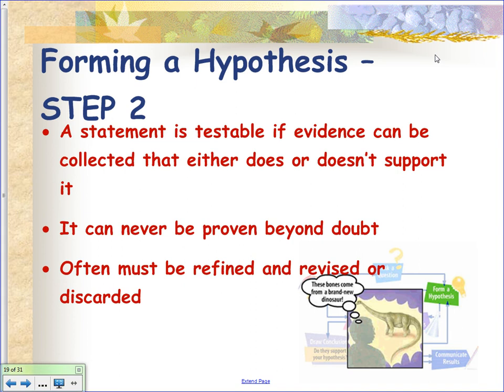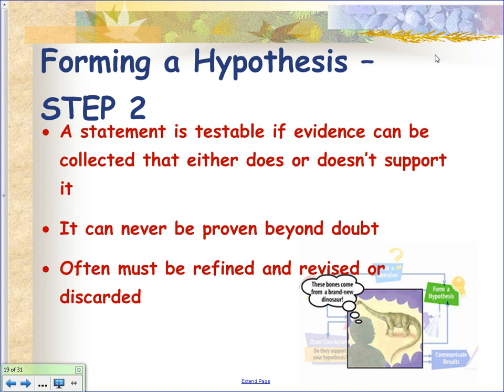The next step is to form a hypothesis, and we'll look at the definition in just a second. A hypothesis is a statement that is testable if we can collect evidence to either support it or not.